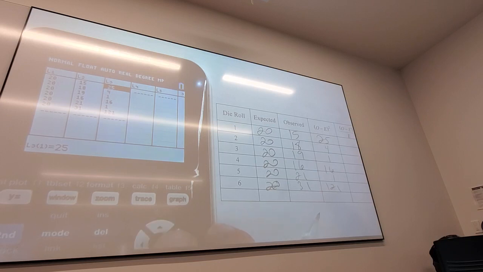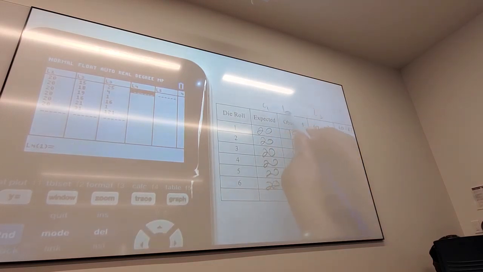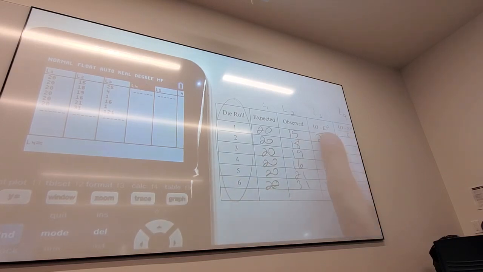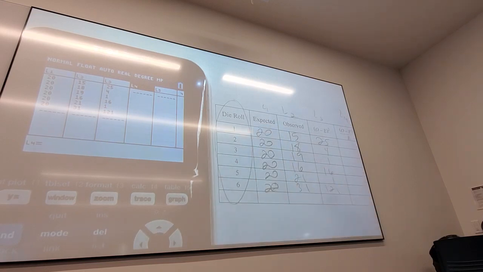So this is L3, L1, L2, L3. I don't have to put this in there because it doesn't really come into play, right? L4 is going to be L3 divided by, now be careful, in this case, for whatever reason, I put this in L1. I almost always put my expected in L2 just to keep things standard, but for some reason past Jeff put that there.